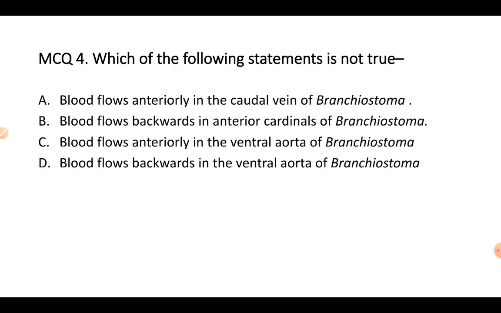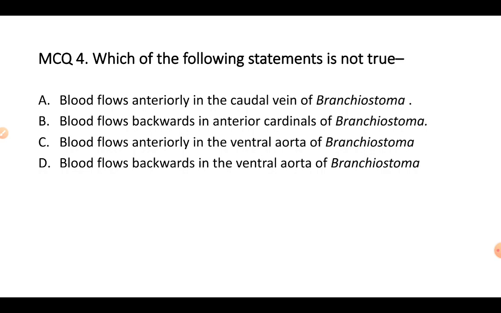We said the blood flows anteriorly in caudal vein, right? From caudal vein it pours into sinus venosus, so it flows anteriorly. That means A is correct. B says it flows backwards in anterior cardinals. Yes, it is correct. From anterior cardinals it flows backwards. From posterior cardinals it flows anteriorly. So this is correct.